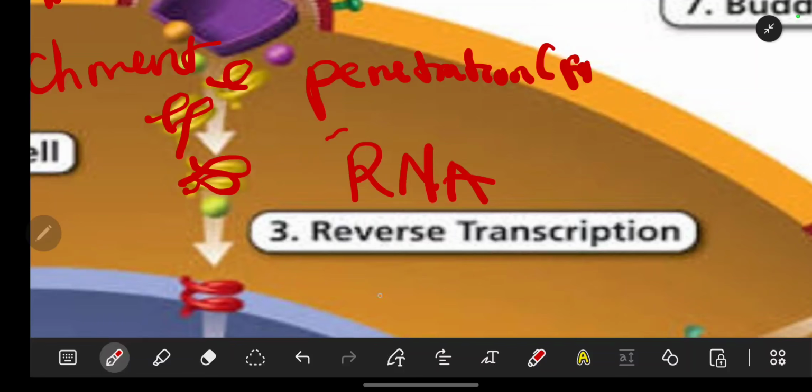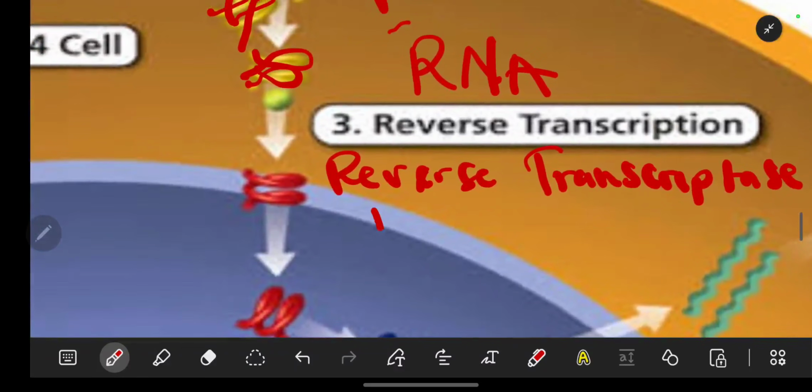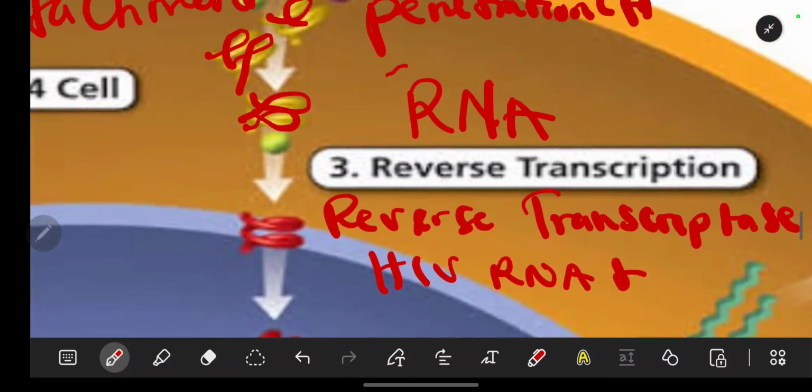Under reverse transcription, this is done with the help of the enzyme called reverse transcriptase. So reverse transcriptase will be able to convert the HIV RNA to DNA.